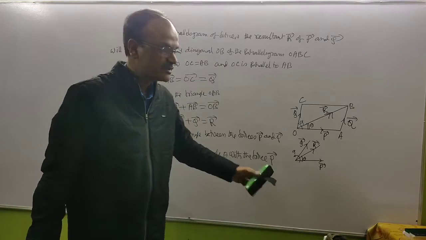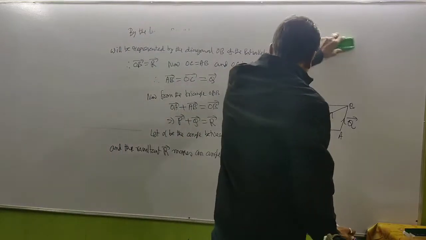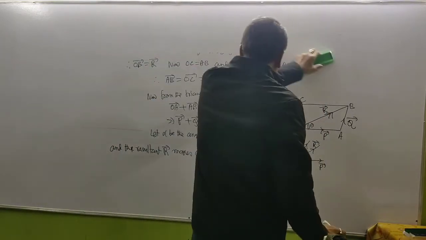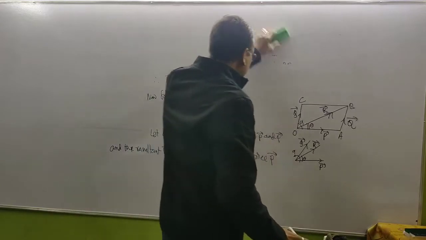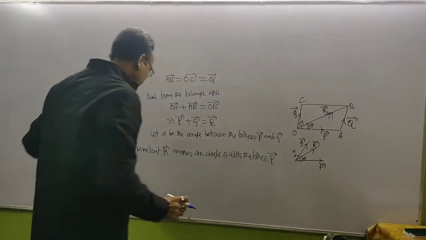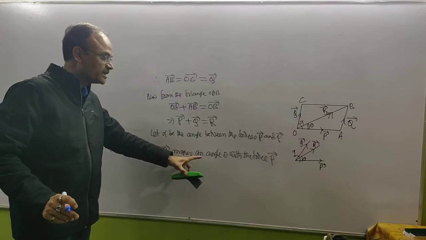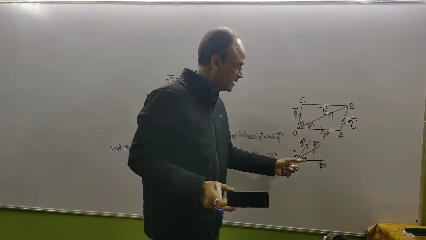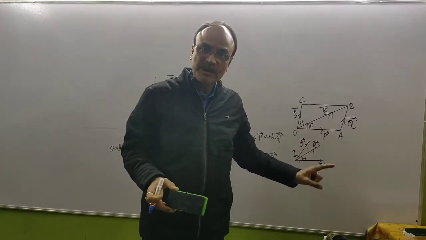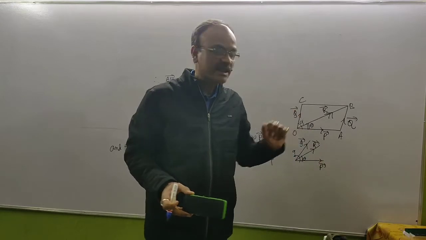Right? Now see. R vector makes an angle theta with P. Angle between P and Q is alpha, angle between R and P is theta.